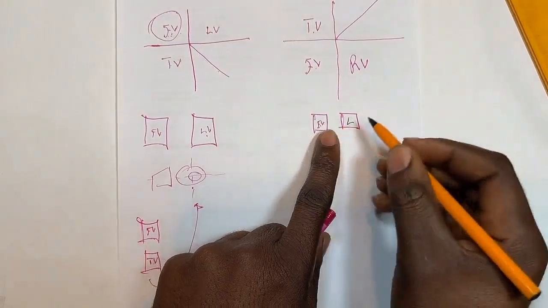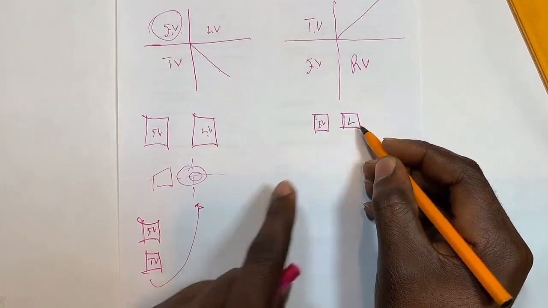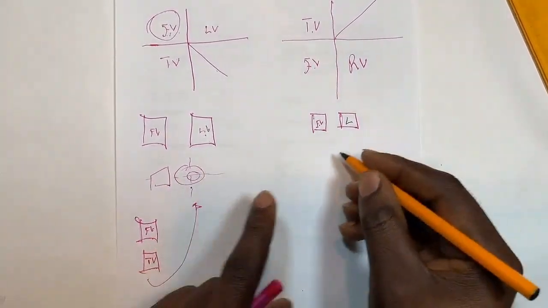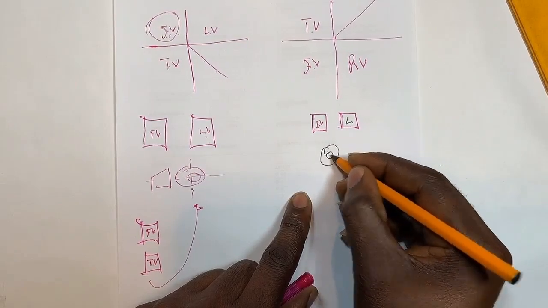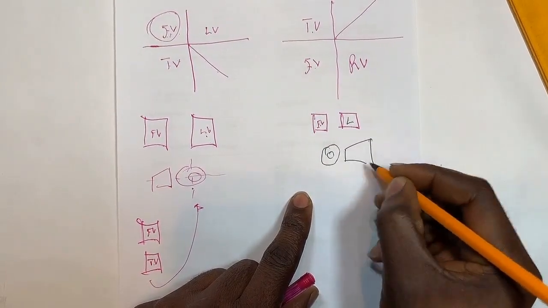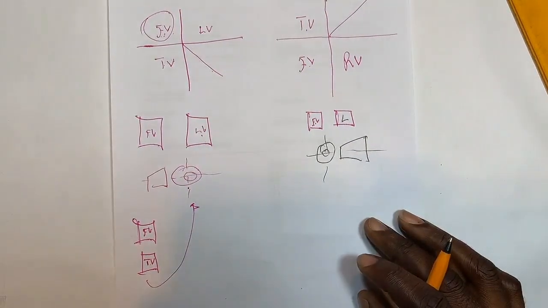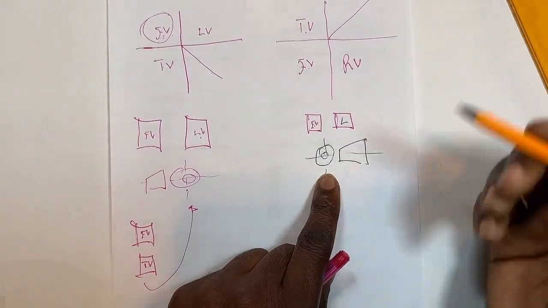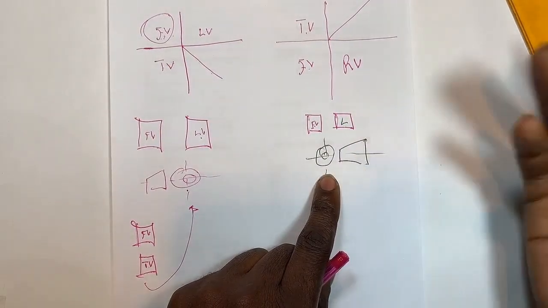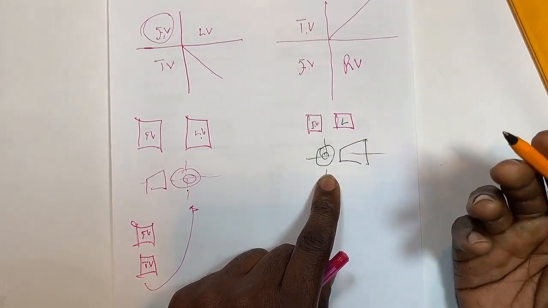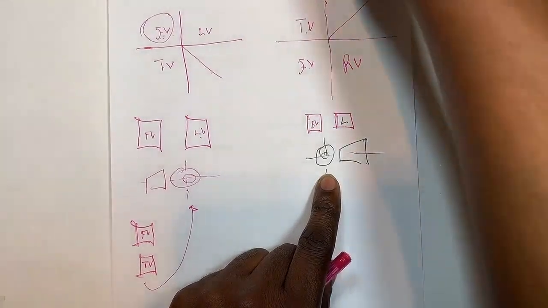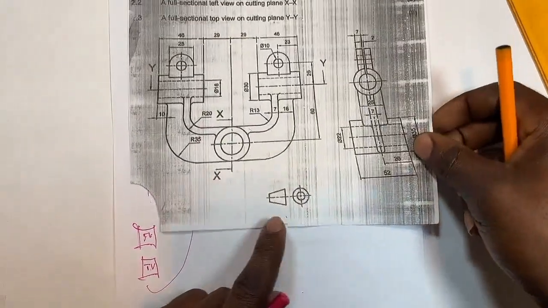Which means these two guys, they must go back to check the symbol. What does the symbol tell them? Is it the first angle orthographic projection symbol? Is it the third angle orthographic projection symbol?